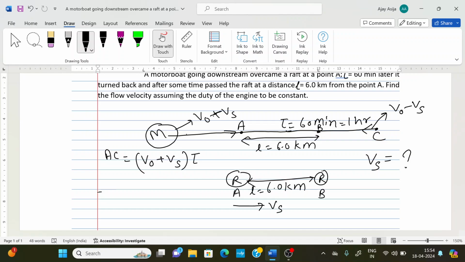Now we have to find CB. So CB will be equal to AC minus AB.